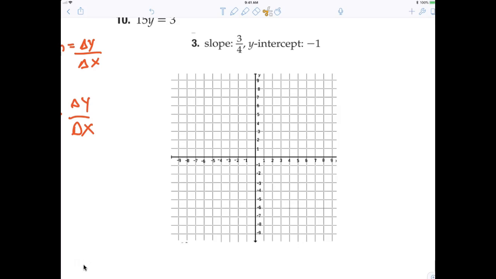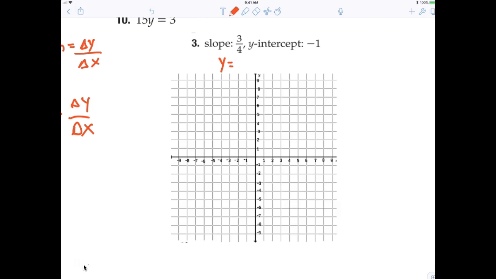Thank you so much. So tell me what the equation of the line would be for number 3. Loud and proud. Y equals, what's the slope?